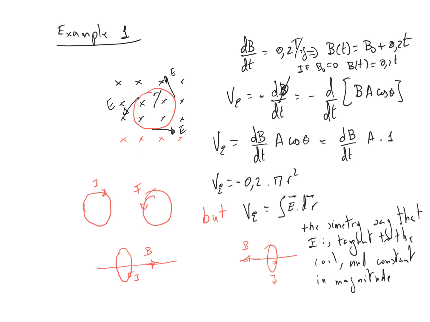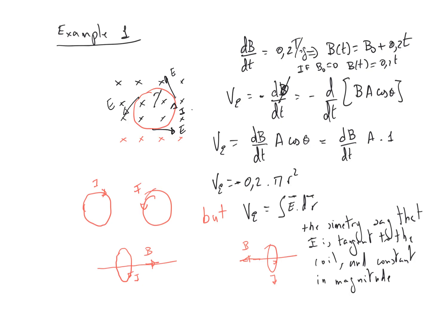Well, the idea is this minus sign. This minus sign will tell you in which direction it is. This electric field will produce a current in this direction. If the current goes in this direction, this current will produce a magnetic field going to my eyes, which is going to oppose the increasing flux of magnetic field.